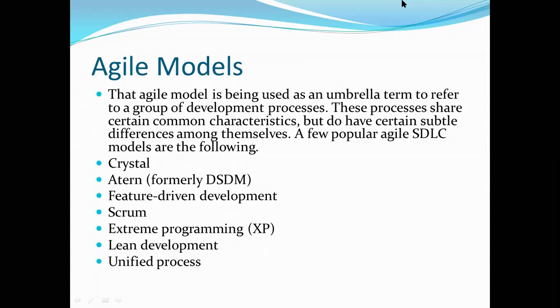So we have two kinds of approaches now for software development. One is the traditional method of software development, which constitutes the traditional models like waterfall model, iterative waterfall model, evolutionary model, prototyping model, spiral model. And another approach is agility.